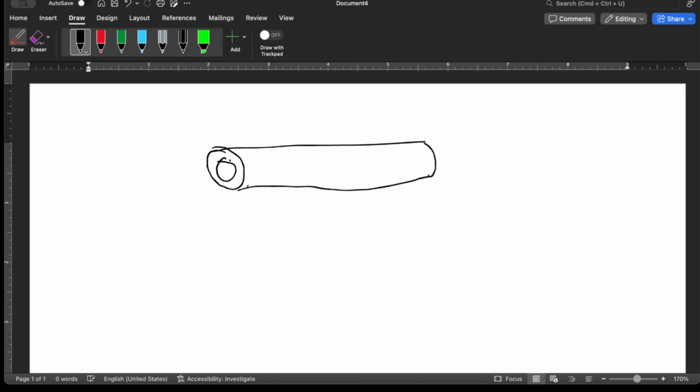There is my hollow shaft. They say this shaft is capable of transmitting 300 kilowatts. And what is this 300 kilowatts? It's a power at 500 rev per minute.